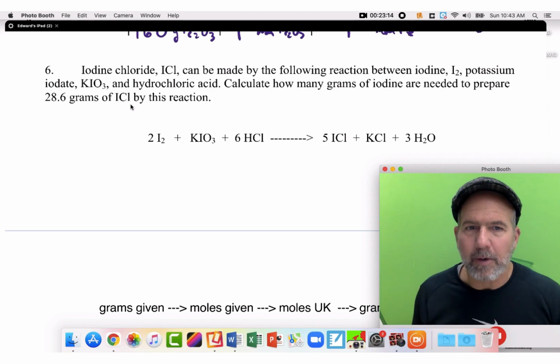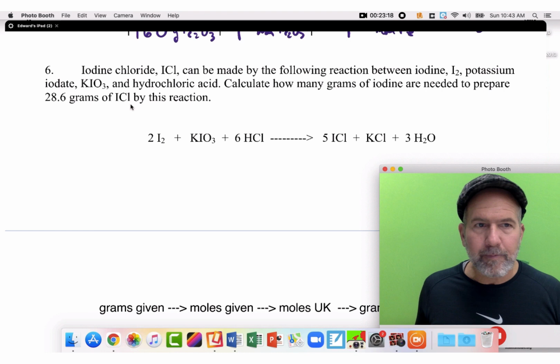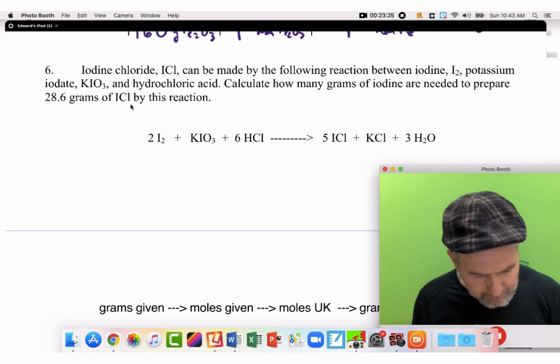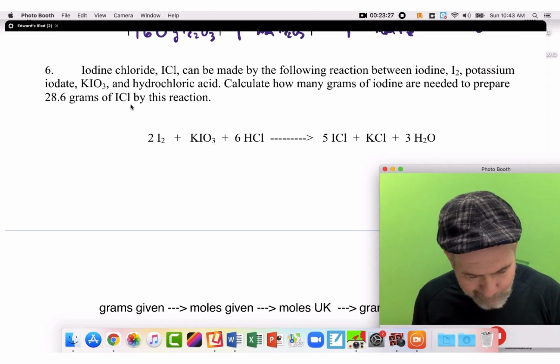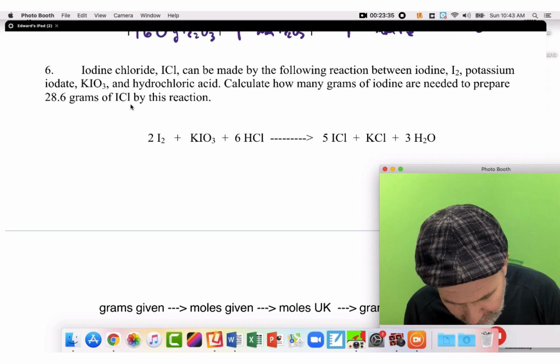Okay? So I'm going to mark on this balanced equation what I know. How many grams of iodine? Unknown. Let's go with this brown color, right? How many grams of iodine? So here's iodine grams.